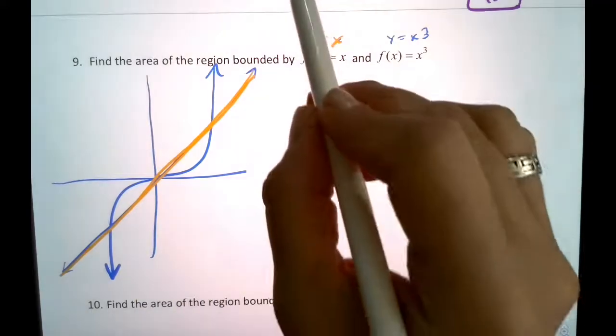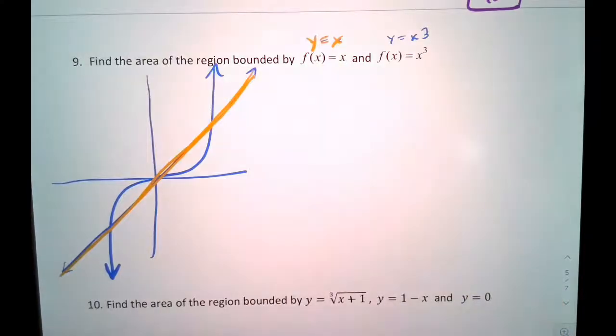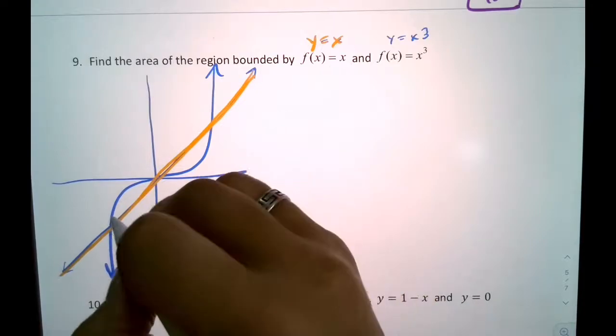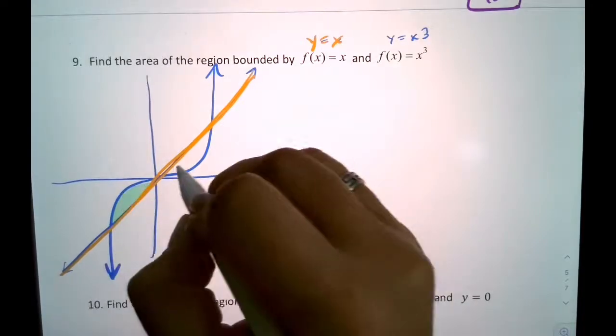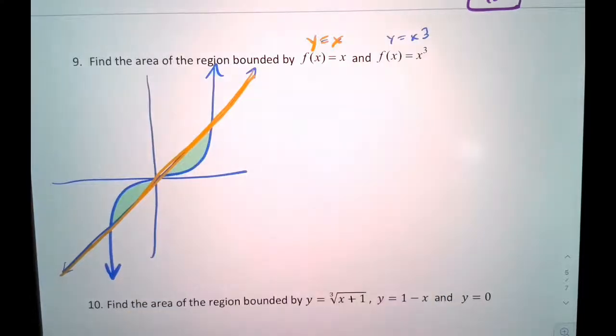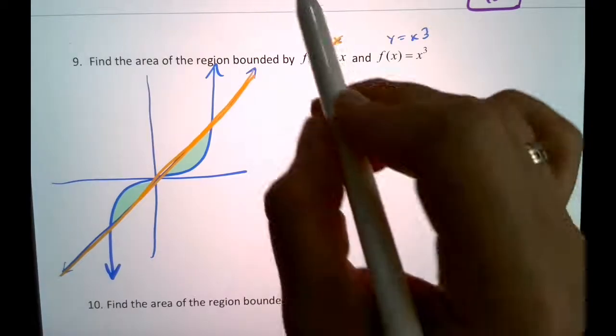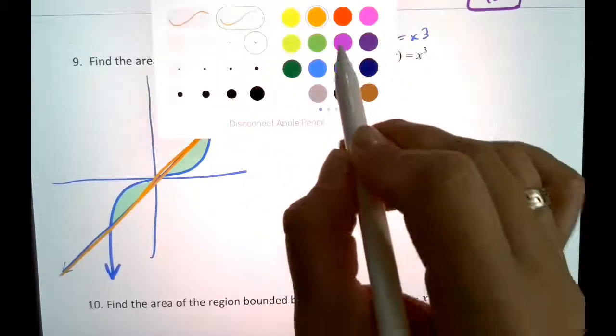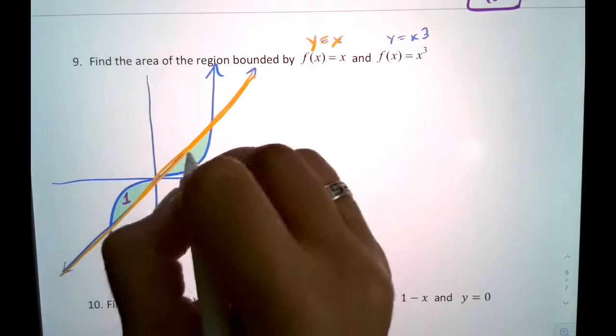You have two regions that you're interested in. It said area, all the area bounded by these two functions. Well, there's two regions here. There's this guy down here, and there's this guy up here. And so you need to come up with the area of each one of those. You could do region 1 and region 2, like we had done before, right? Or not. I'll tell you why not.